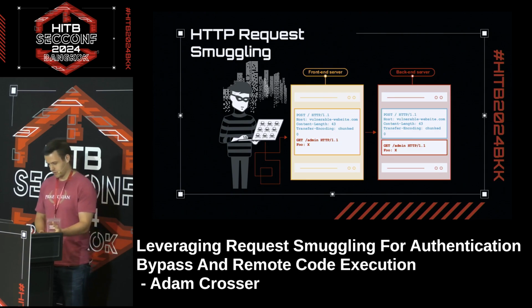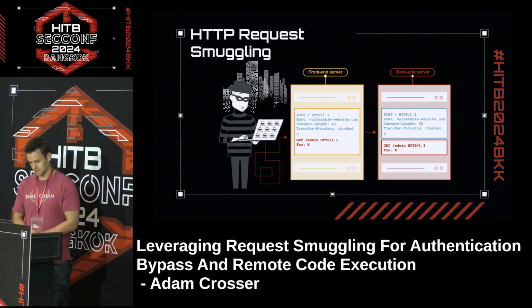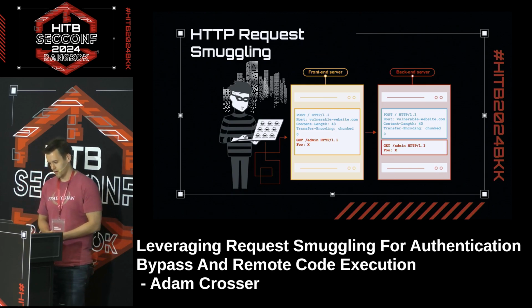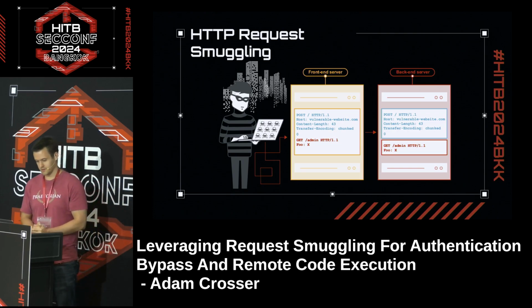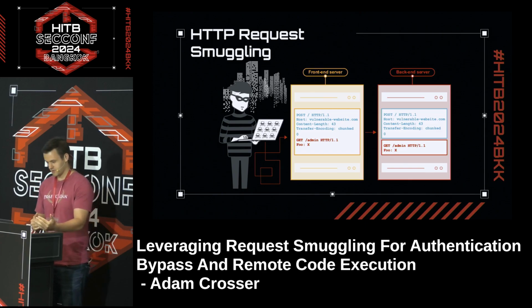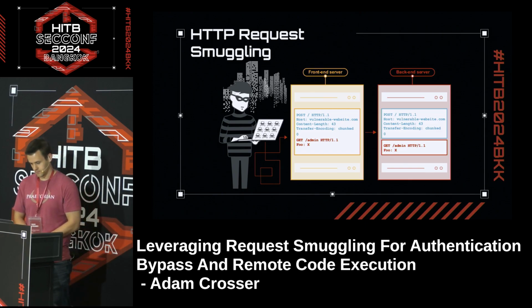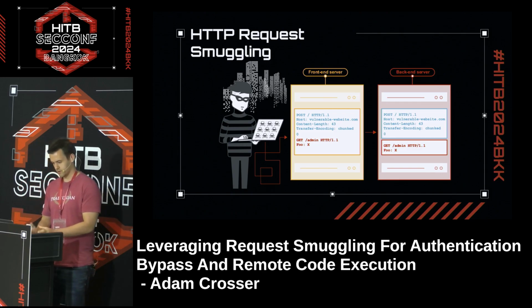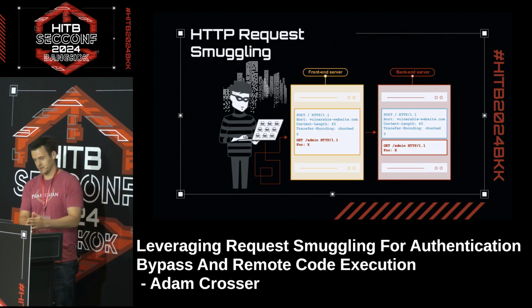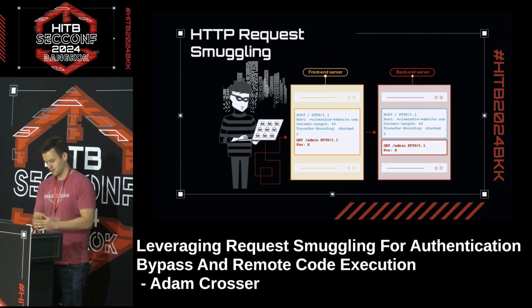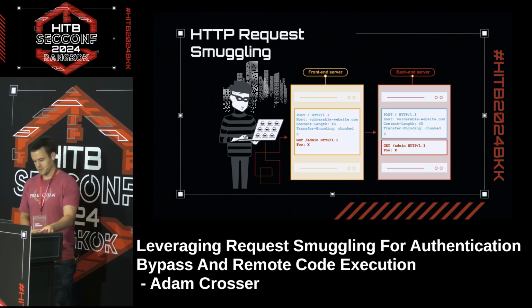In the HTTP/1 protocol, you can have different methods of specifying where an HTTP request begins and ends. One of them is Content-Length, which is a static length of data, like 43 bytes in the example here. Then Transfer-Encoding with chunked encoding is another method, where you send a number and then that amount of data, keep doing that over and over, and then send a 0 to end that block of data.